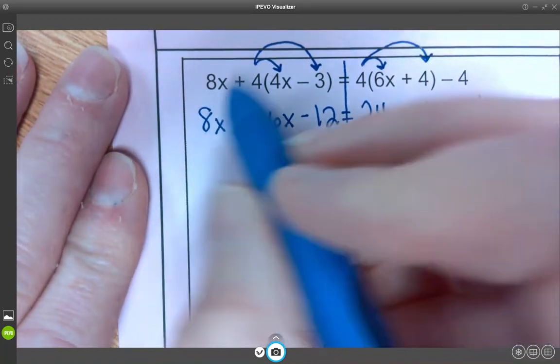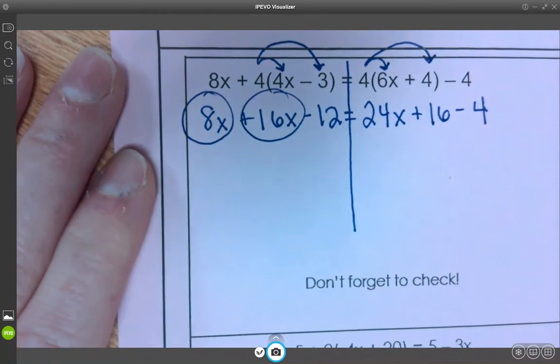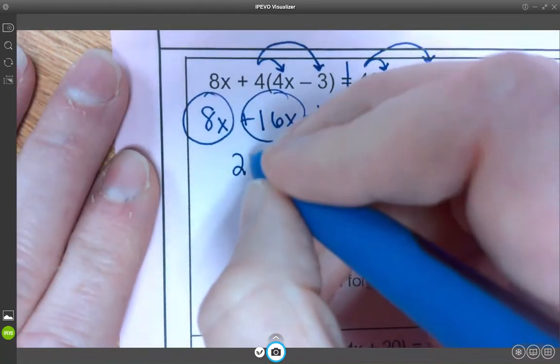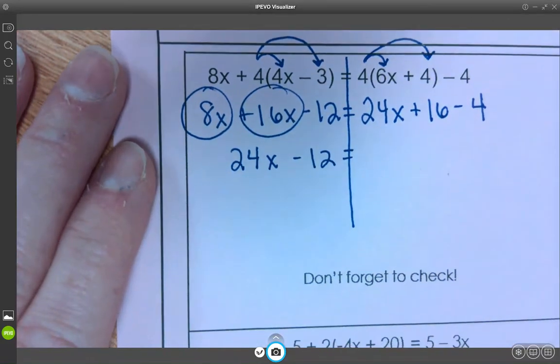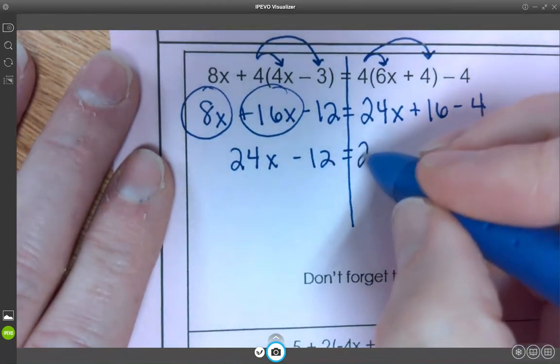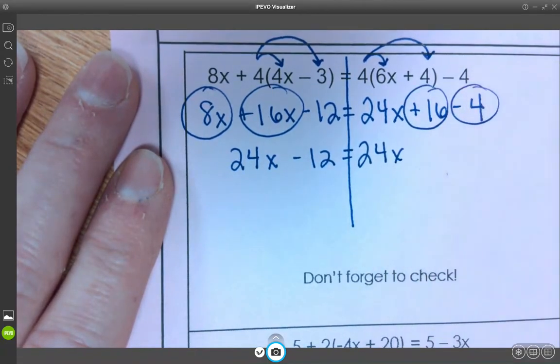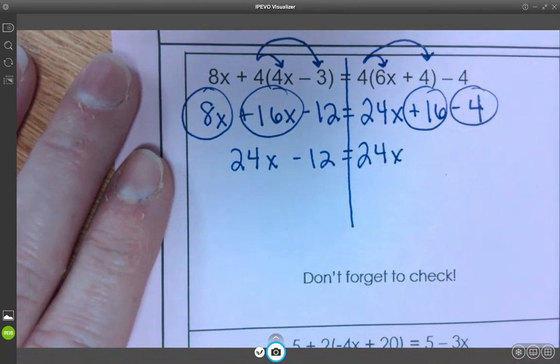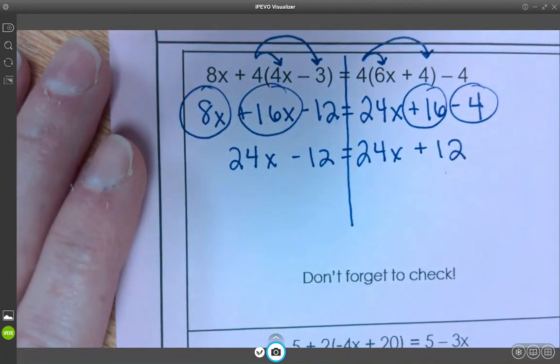What are we going to combine? 8x and 16x. 24x, minus 12 equals 24x. And then we have a 16 minus 4. If I have 16, I take 4 away. I get a positive 12 there.